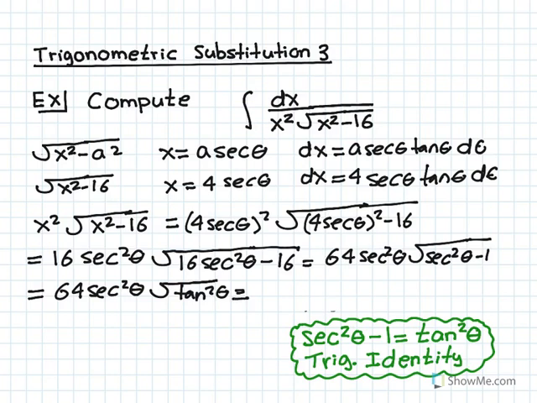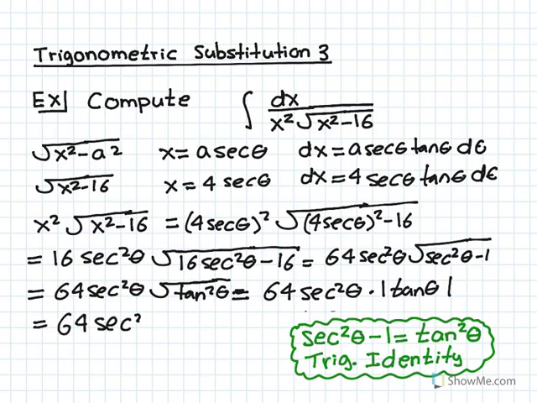That will be the absolute value of tan theta, but we can reduce that to just tan theta, because of the way that we have restricted the angle theta. So we get 64 secant squared theta tan theta. That is the denominator of the integrand.